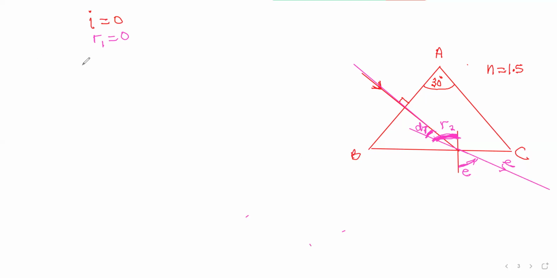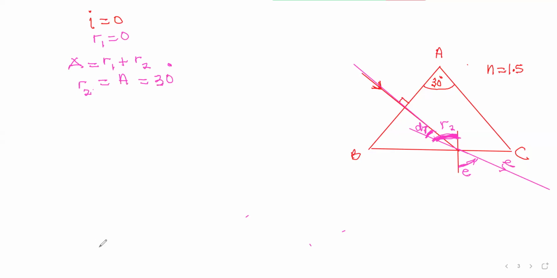Now, using A is equal to R1 plus R2, if R1 is 0, then R2 will be equal to A. So if A is 30, then R2 would also be 30 degrees.